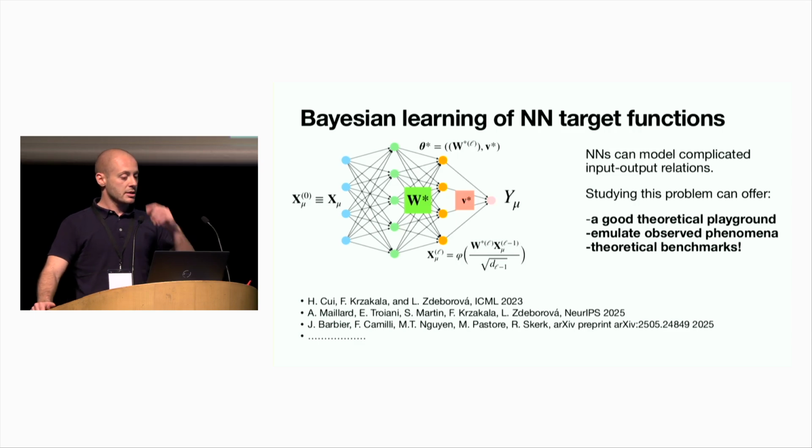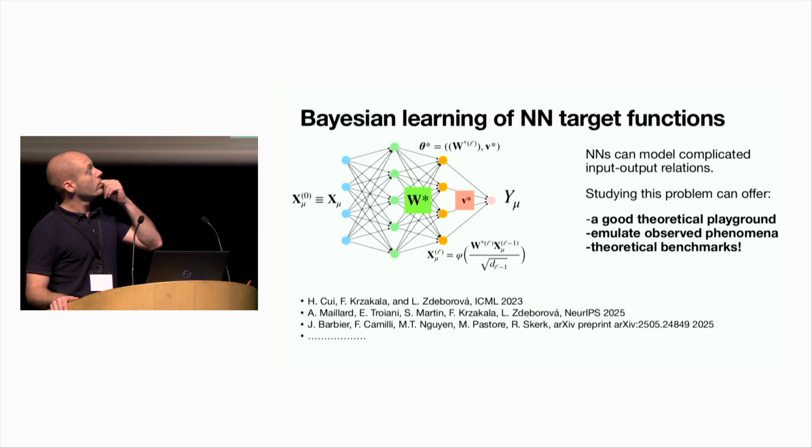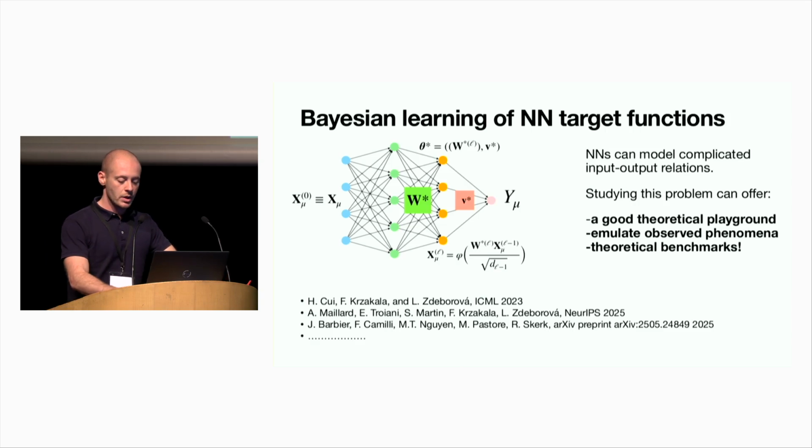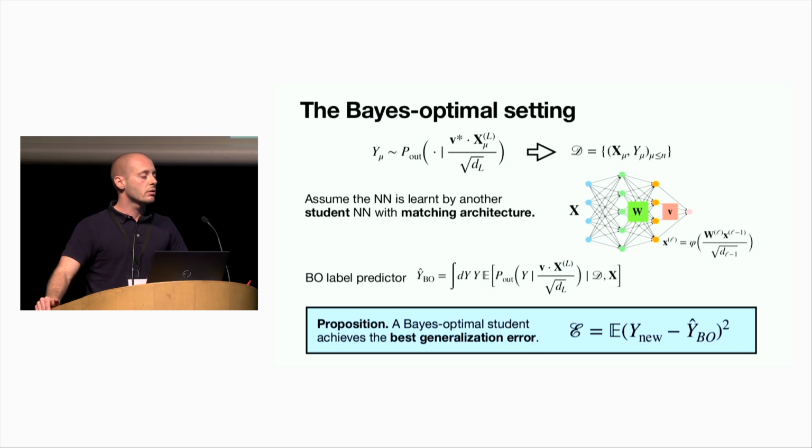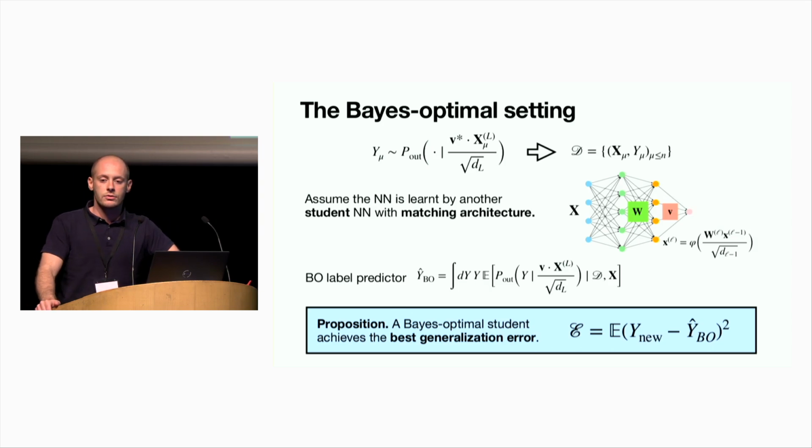And then the last post-activation is projected onto a lower dimensional space by means of this V star, the readout weights. So the labels, denoted by y, can be, in general, also a stochastic function of this last low-dimensional projection. So they are drawn from this P out.